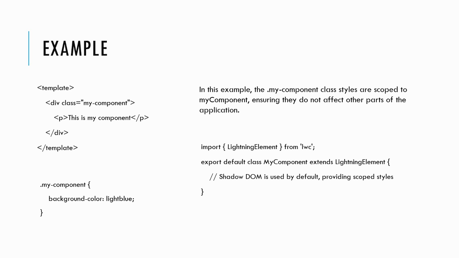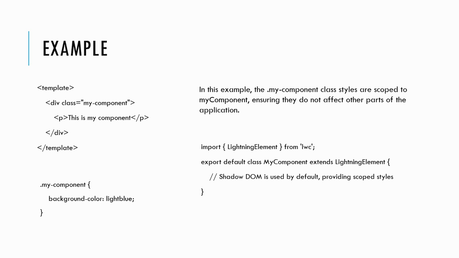Now here is one example in which you can see how scope CSS works. Here we have one template in which we have a div with the class named my component. This div acts as a container inside which we have one paragraph tag, this is my component, in which we have styling with the dot my component syntax. What we are doing in this example is that the my component class style is scoped for the my component class.